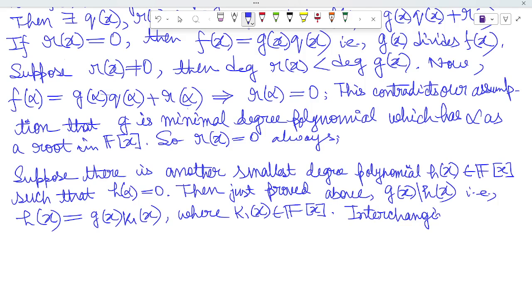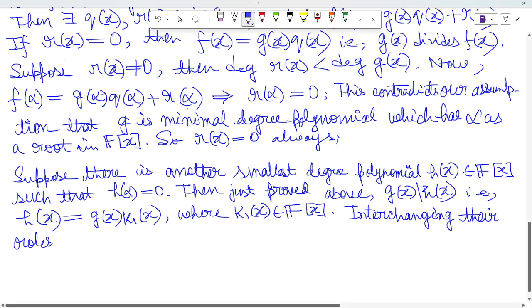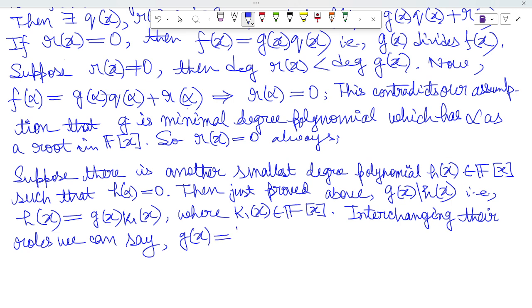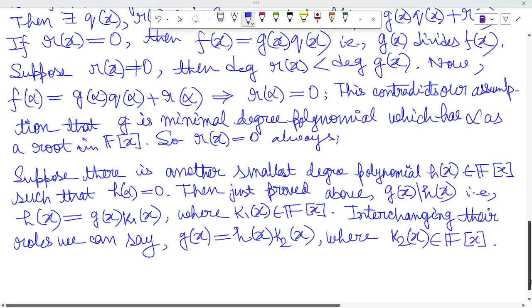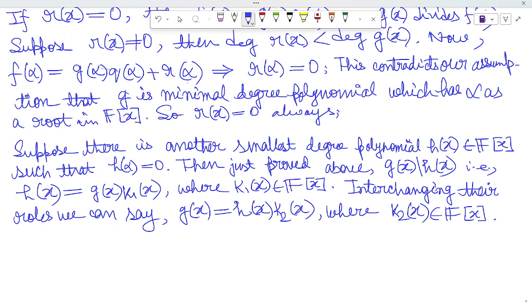Interchanging their roles, we can say g(x) is also divisible by h(x), so g(x) equals h(x) k2(x), where k2(x) belongs to F[x].